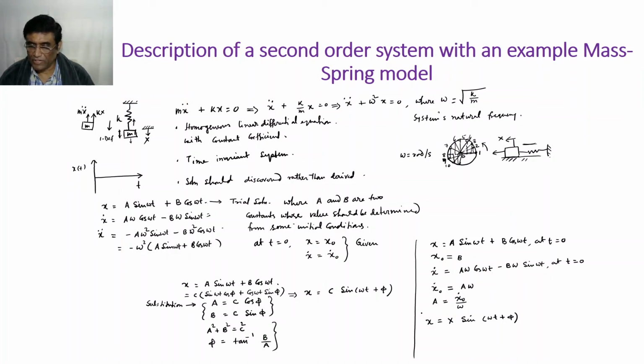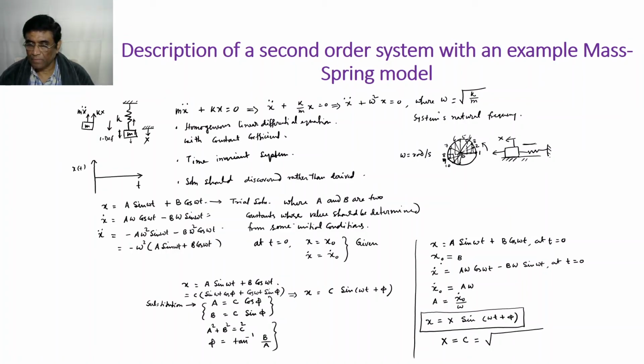And this is my general solution, where each and every term is known to me. You see that x, or whatever you call it, equals C, which equals root over of a square plus b square.